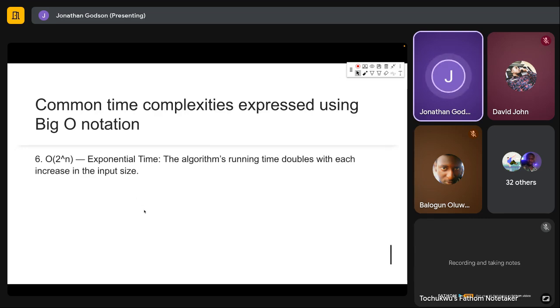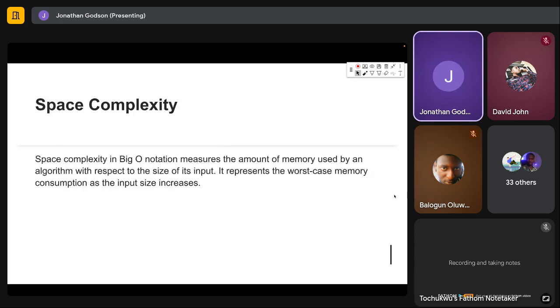If you want to compute the factorial of a number, a good example is following the Fibonacci approach. So in such a way, you encounter this, but it's a rare occurrence. You hardly come across this in your interview questions.